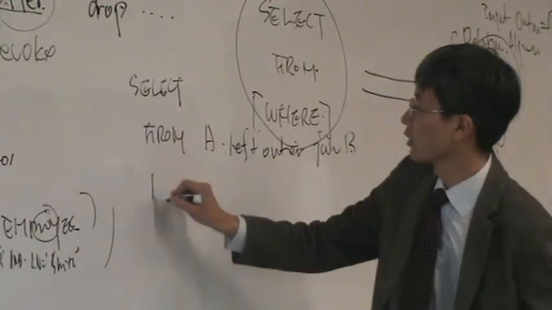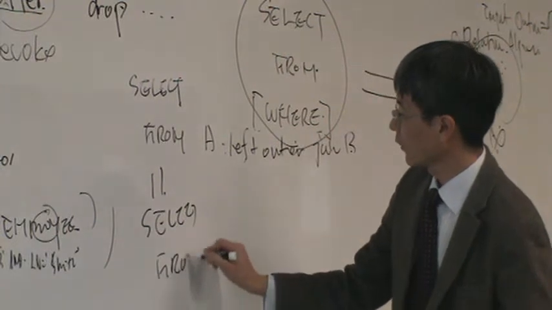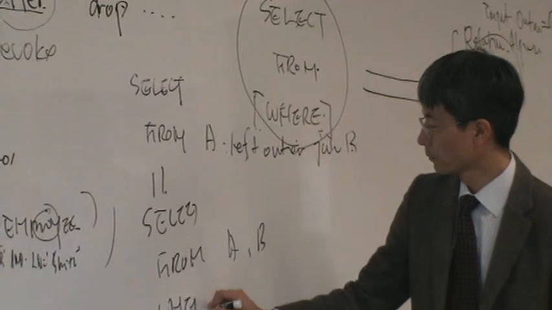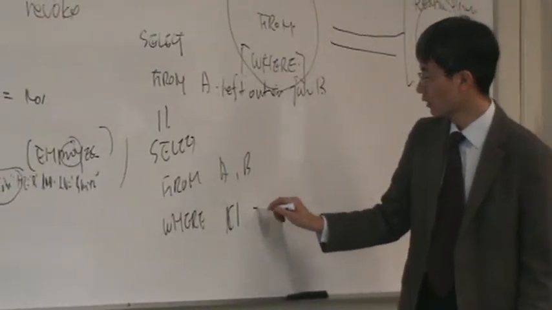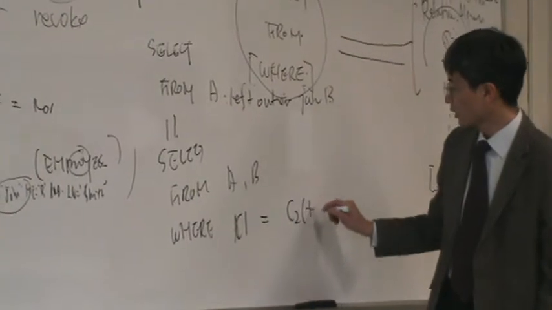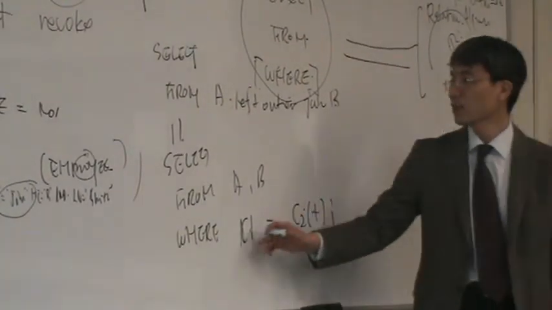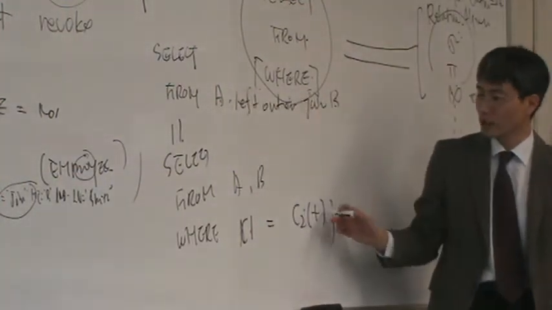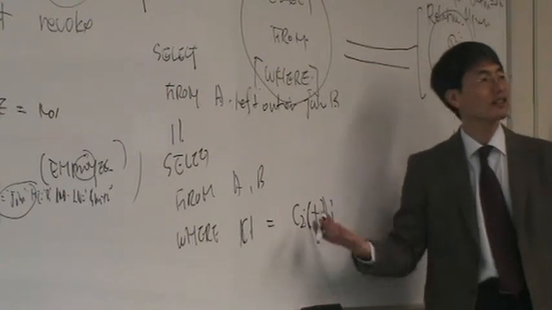This can be the same as from A and B, where the join column is A.C1, C2 plus sign. C2 is the column of B, C1 is the column of A. At that time, left outer join is the same as C1 equals C2 with a plus sign.